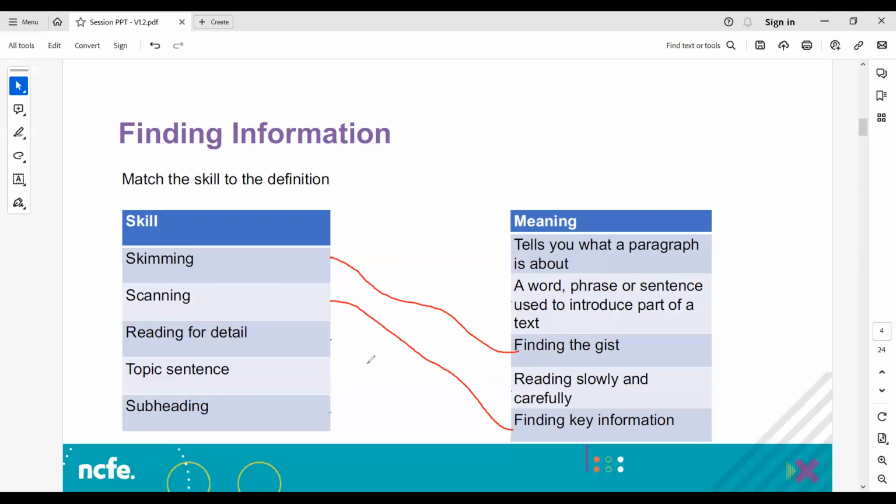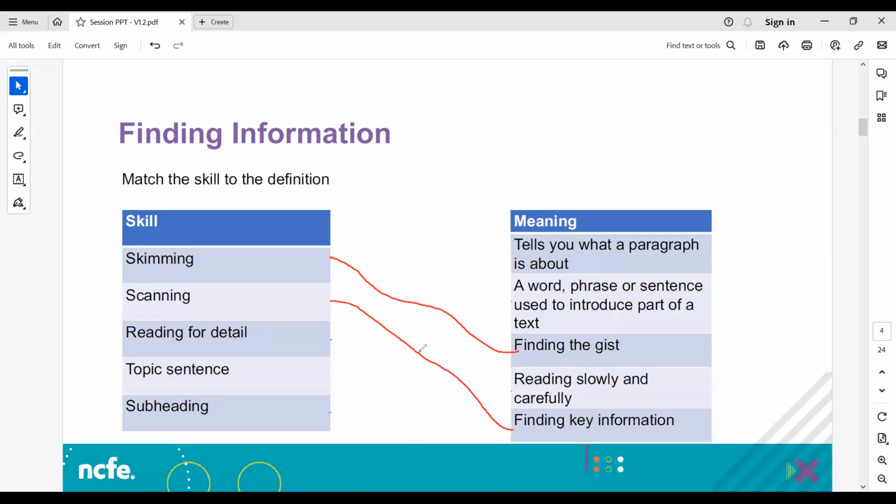So if you were asked to find out something related to a particular word, or when did the Romans first come to Britain, for example, then you'd be scanning, looking for a date. Okay, so scanning's looking for key information.